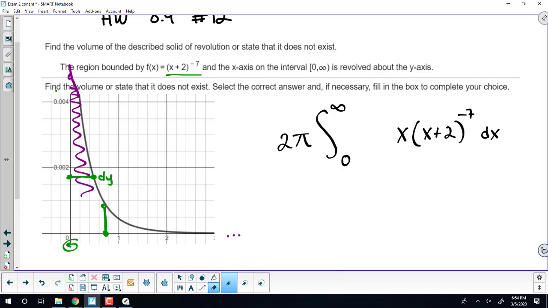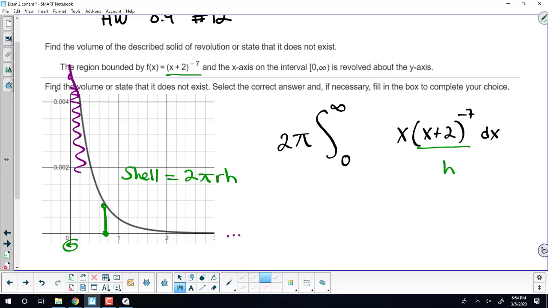If we're going to slice parallel to the axis of revolution, to the y-axis, then we're using the shell method. And the shells are 2 times pi times r times h. Remember, the height of the shell is just as you see it. That's the height of my shell. It's top minus bottom.